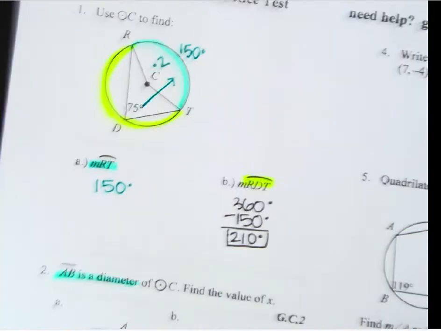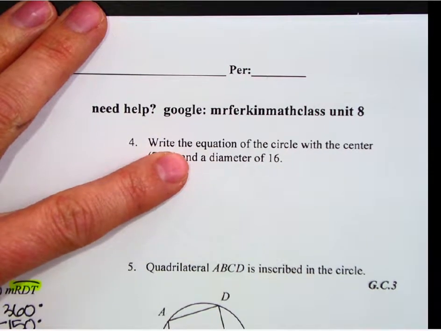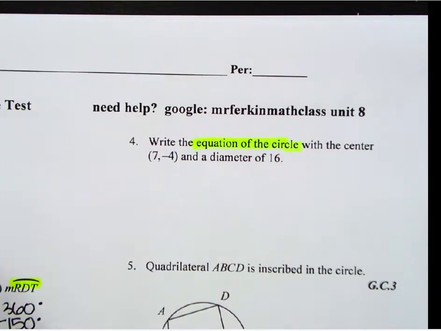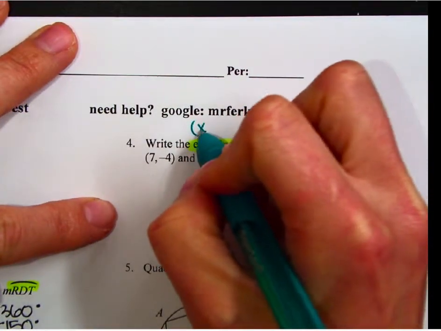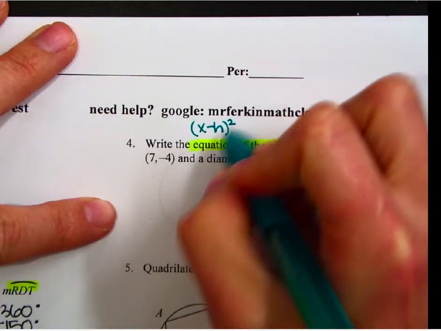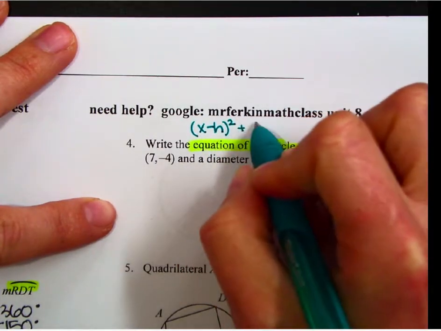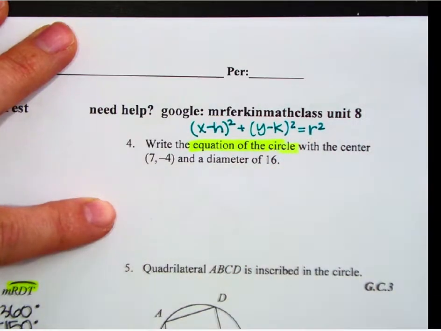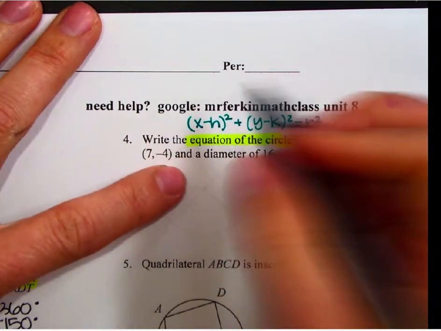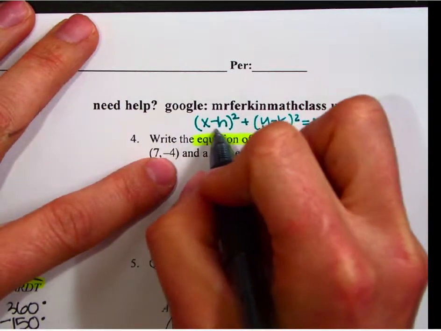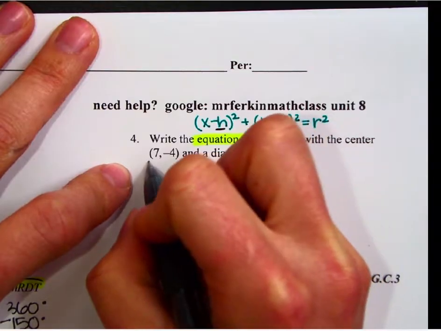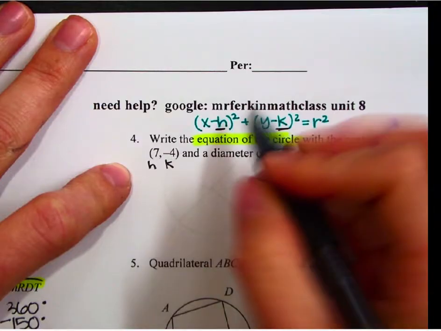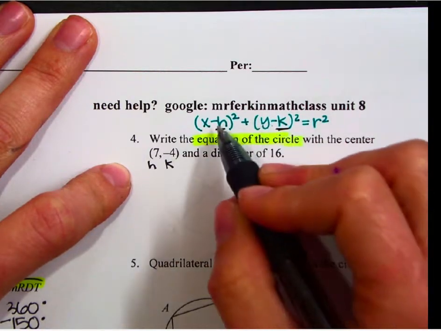Number 4, we're going to write the equation of the circle. So I'm going to write up here the equation of the circle in standard form. We have the quantity x minus h squared plus the quantity y minus k squared is equal to radius squared. With this formula, we take the center of the circle, h, k, which would be the center given to us, and plug that inside of the parentheses with x and y.